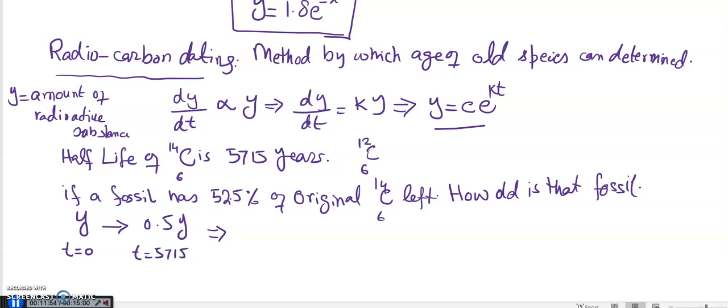So if I input these values into this equation, I will put 0.5Y is equal to C into e power 5715k.